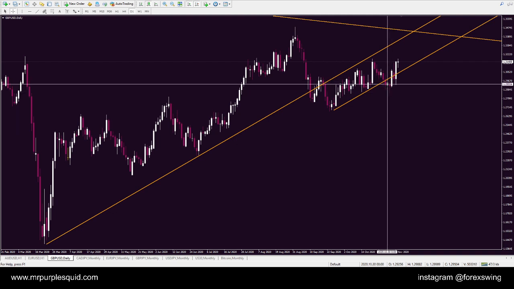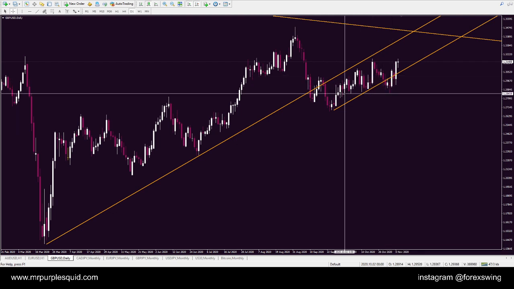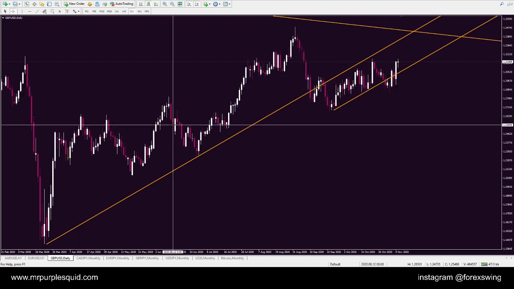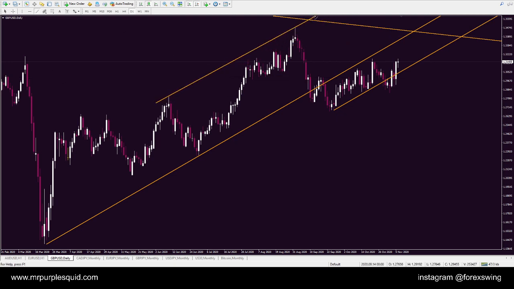And price broke out of this channel. So first channel, so let me put it in. So you could have that first channel. Price broke out of this channel, then went into this channel, then breached this channel, and now we are having some bullish move, and price is currently at resistance.